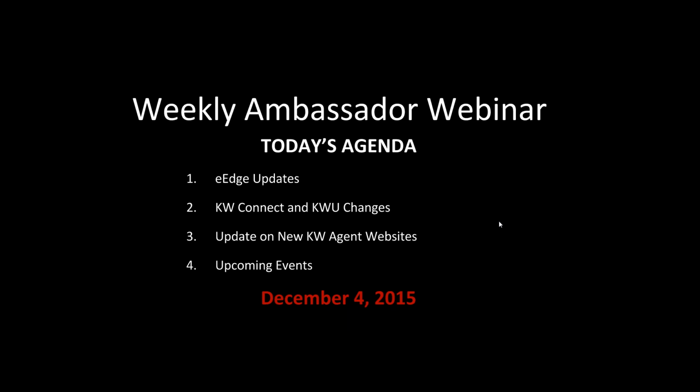So right now, let's talk about the eEdge updates. The eEdge update is one that typically when you send an email to a client, sometimes those emails are going to bounce back as undeliverable. So what we used to do in the past, to protect your ability to send future emails, was that for clients whose emails were bouncing back, eEdge would automatically turn off those emails.